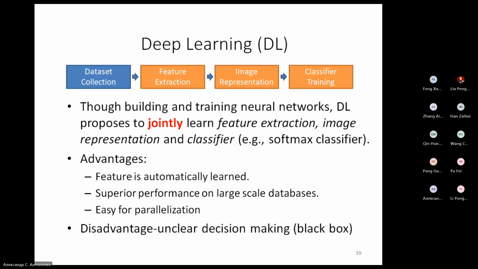But features are learned automatically, so we don't need to decide which features to use. Representation is also given automatically, so we just need to create the architecture of this neural network and then train.